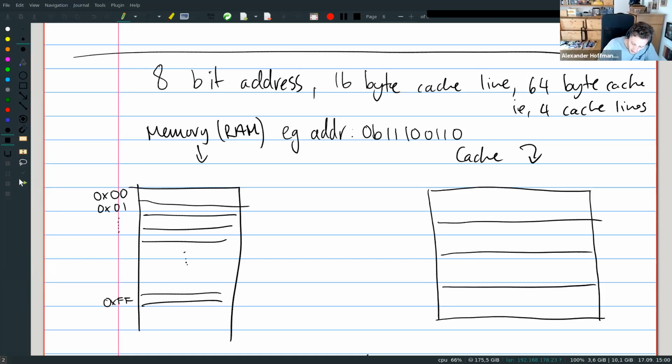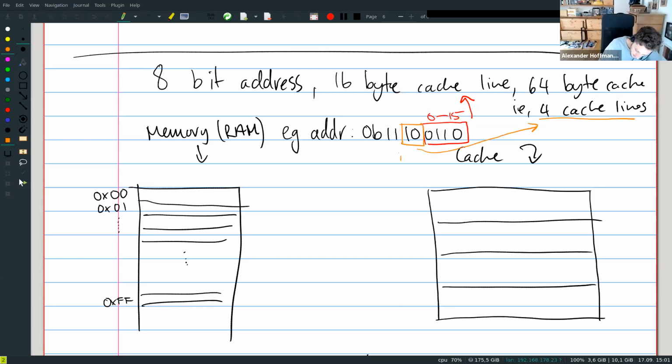So here we have 4 cache lines, and this is the cache line. We know that this represents 0 to 15, and this comes from the size of the cache line. This is just to reiterate. We have 4 cache lines, therefore we have an index.